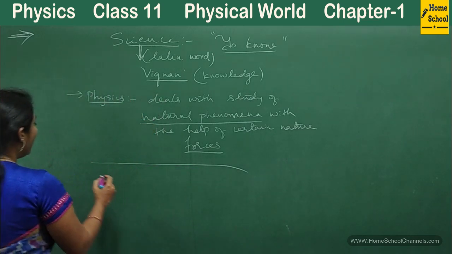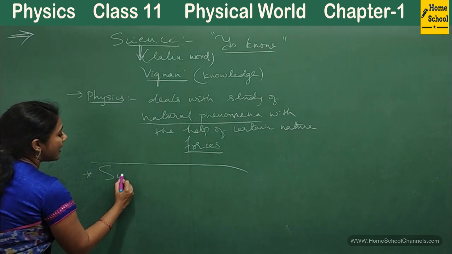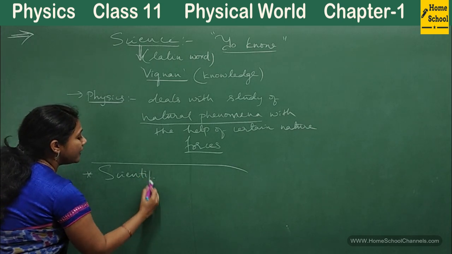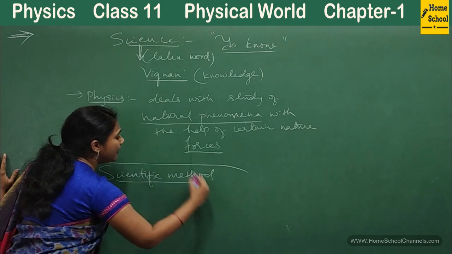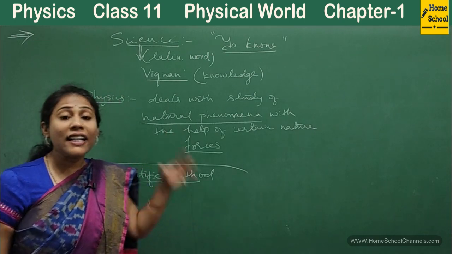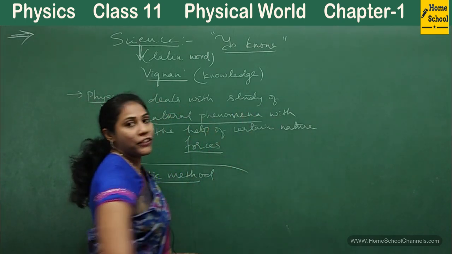Okay, so now let us try to understand what we mean by scientific method. So what do you mean by scientific method here? Scientific method is a proper method, a proper protocol that we have to follow to understand any natural phenomena.